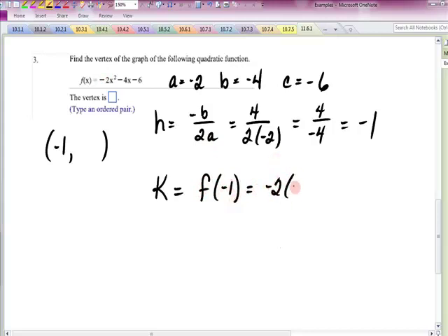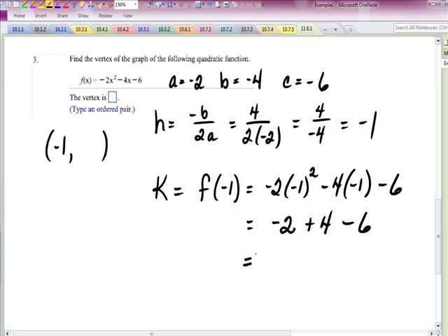So it's negative 2 times negative 1 squared minus 4 times negative 1 minus 6. Negative 1 squared is 1 times negative 2 is negative 2, plus 4, minus 6. And that is going to give me, I believe, negative 4.